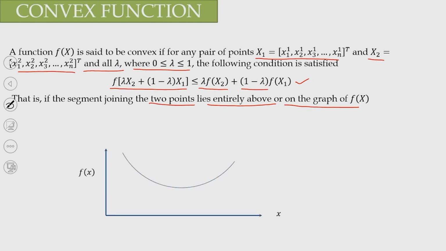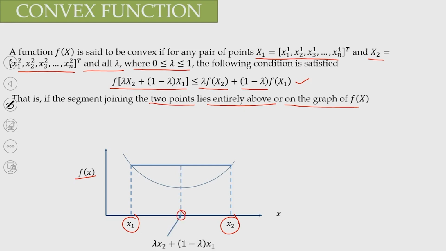This is a one dimensional function, a one variable function f(x). If I take 2 points x1 and x2 and join these 2 points, I will get this particular line. Now, what is this point?